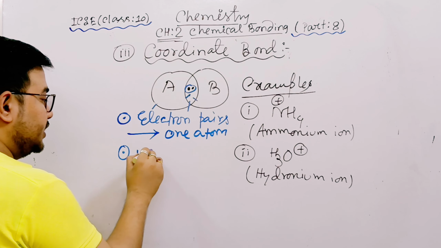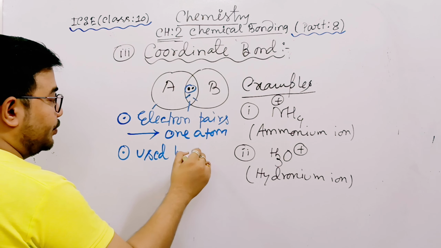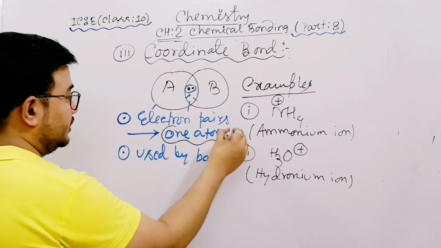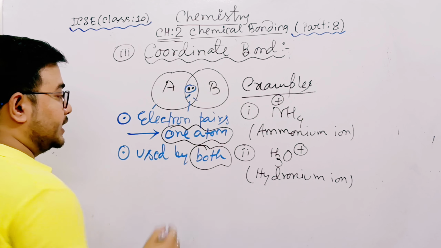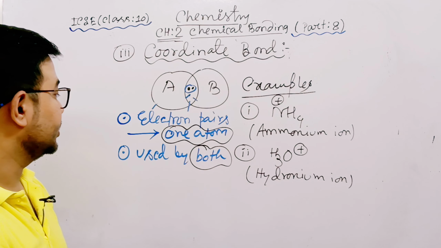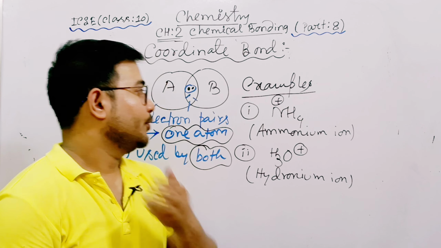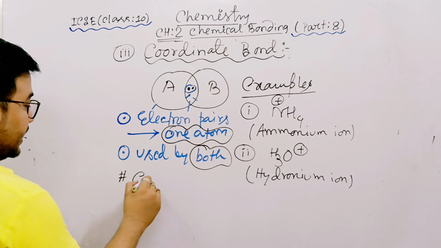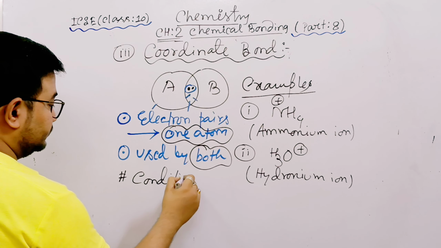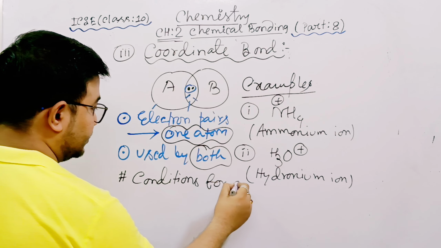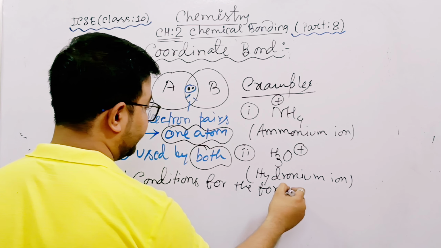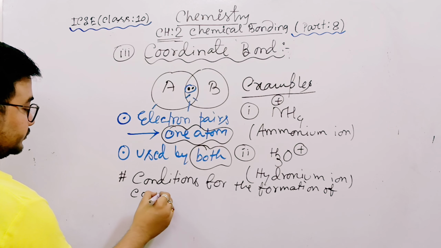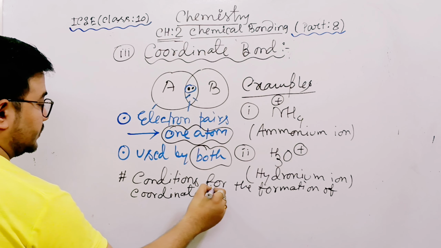Second point, used by both the atoms. So these are the main words: one atom, both the atoms, used by both but donation by one atom. So our next heading is conditions for the formation of coordinate compound.